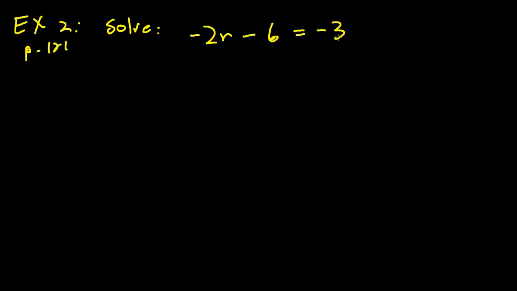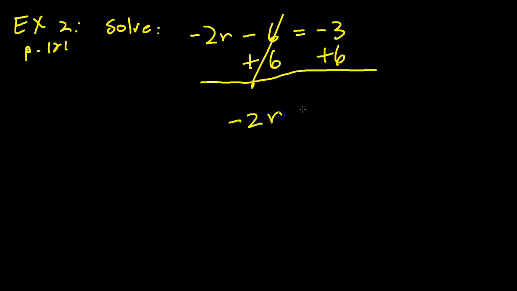All right, so we want to solve for r here. Clearly, my first step would probably be to isolate the expression involving the variable first. And I could do that easily by adding 6 to both sides. Whatever you do to one side, you've got to do to the other to maintain equivalence. Of course, the 6 and minus 6 cancel out on the left. I'm left with minus 2r equals positive 3.